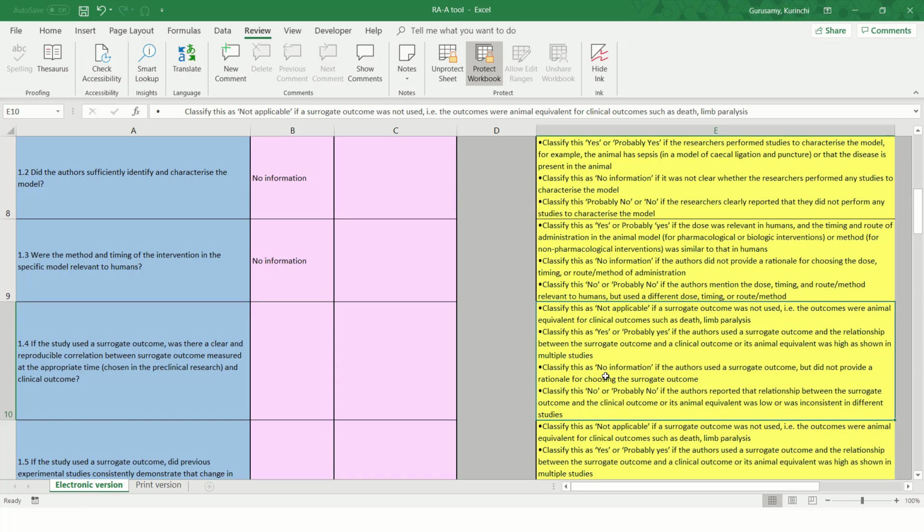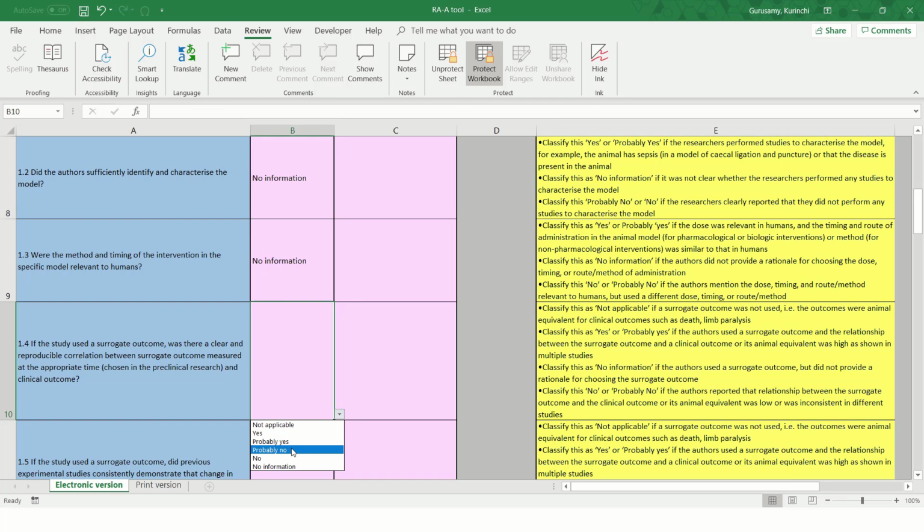Here, classify this as no information if the authors used a surrogate outcome but did not provide a rationale for choosing the surrogate outcome. That's what we are going to select. Classify this as no or probably no if the authors reported the relationship between the surrogate outcome and okay, they didn't report anything. Okay, no information then.